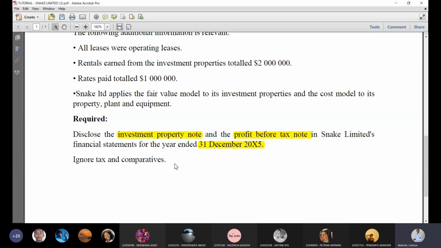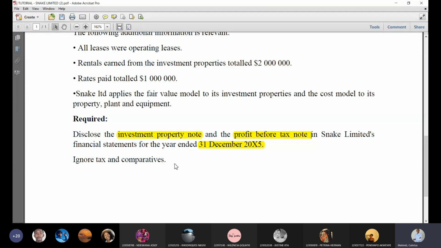Now, let us just talk about the profit before tax note. What is it? A profit before tax note is a note that shows any income or expense items that will be included under profit before tax. If you go to the presentation of financial statements, IAS 1, it mentions some items that might have to be disclosed separately.